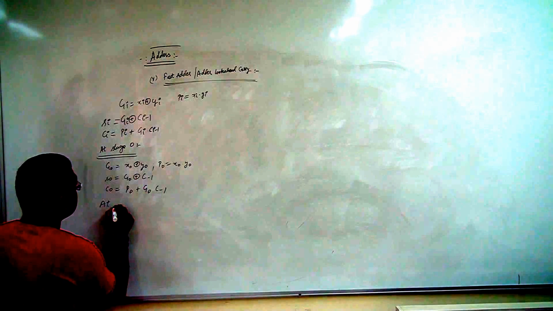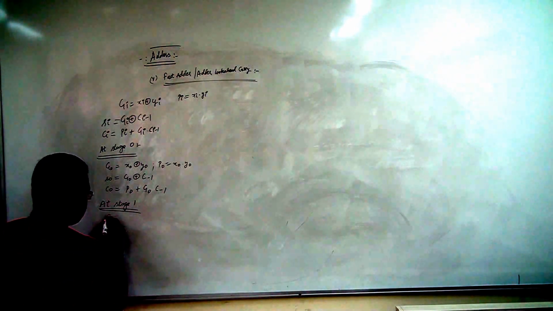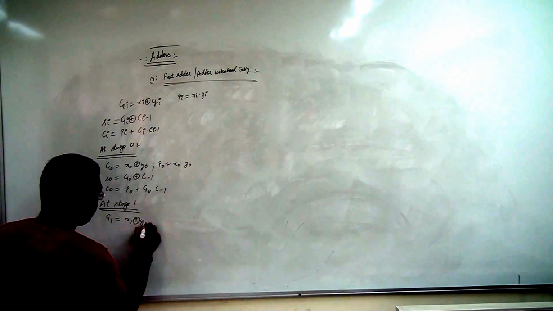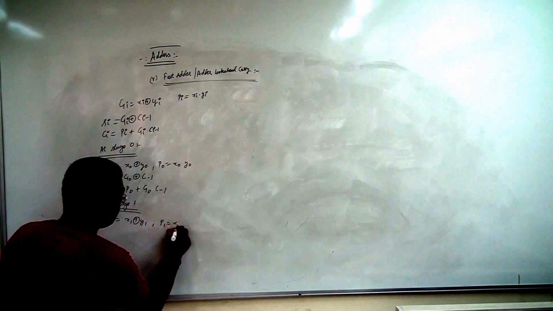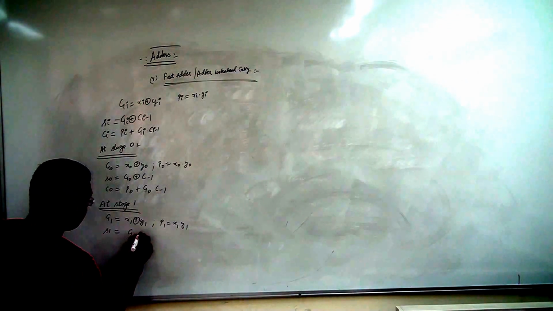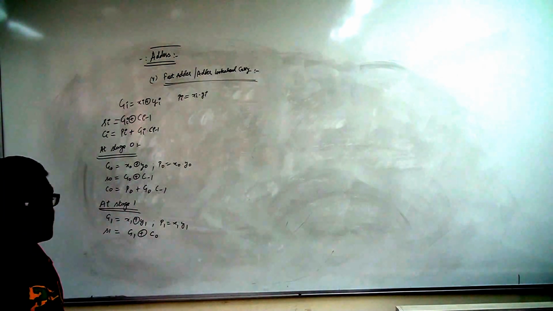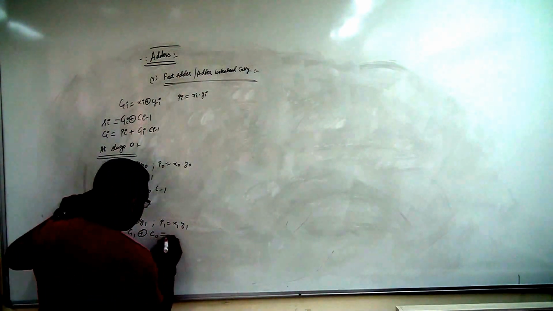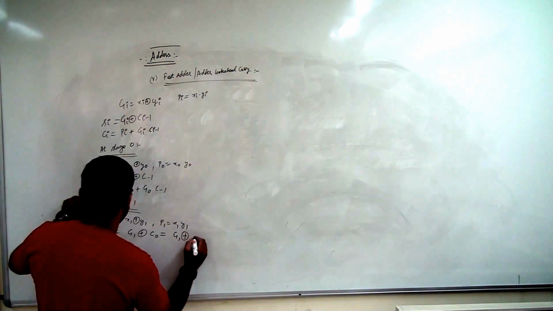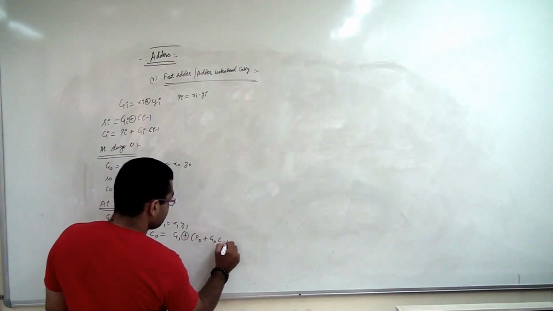Now what do I have at stage 1? I will have G1 as X1 XOR Y1, P1 as X1 and Y1. S1 will be G1 XOR C0, because 1 minus 1, that will make it 0. Now what is the C0? C0 we have over here, that is G1 XOR with P0 plus G0 C minus 1.